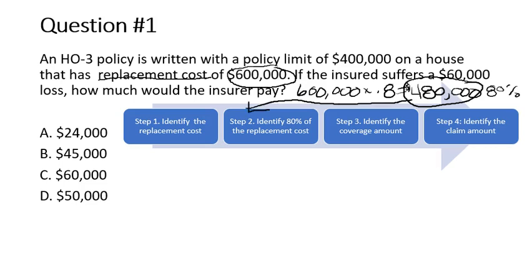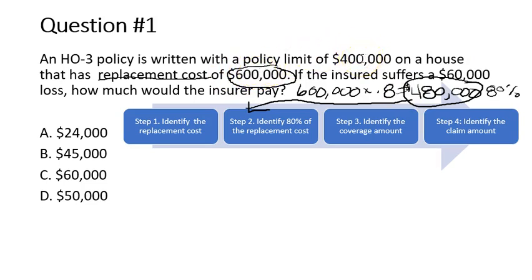Next, we want to identify the coverage amount. The policy limit was $400,000, which means the insured put coverage on his house for $400,000. He could have put $600,000 of coverage on the home because that is the replacement cost, but instead he put $400,000.